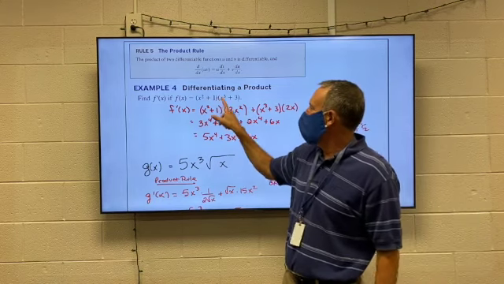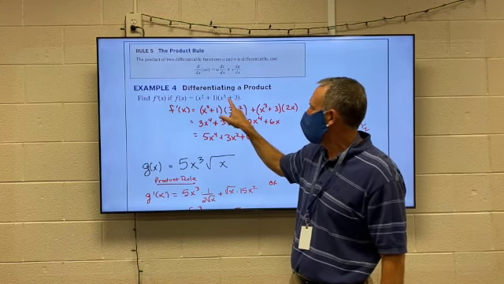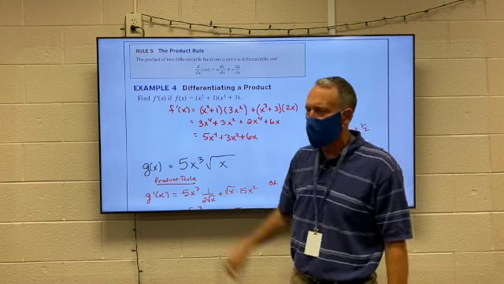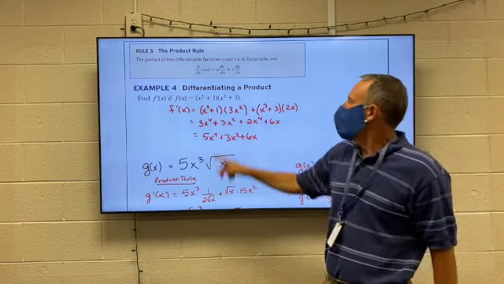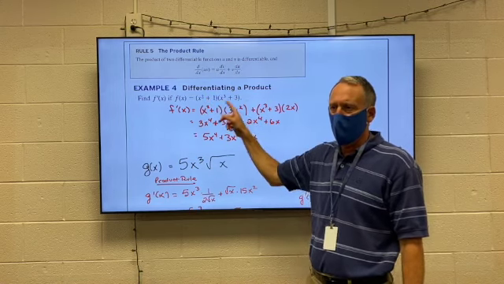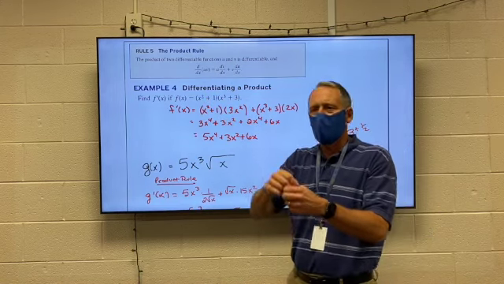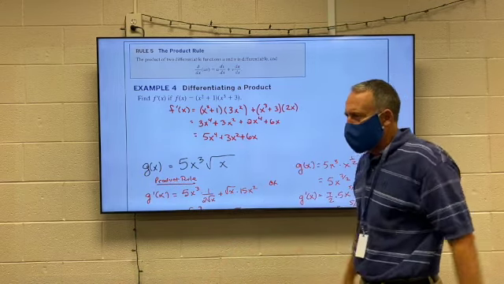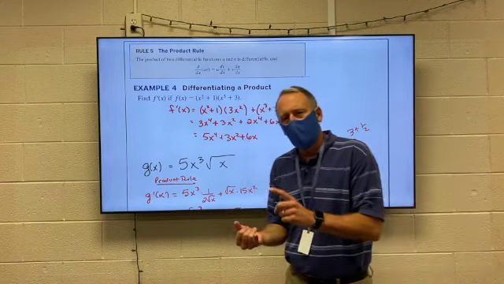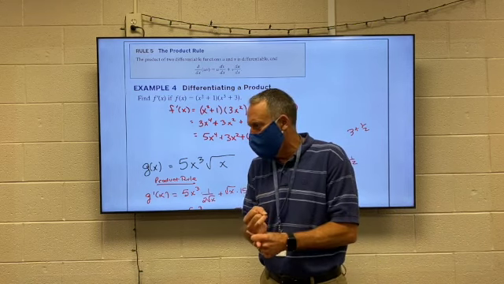So here is a function in which two different functions are multiplied together to make that function. If I want to take the derivative of that, yes, you could have multiplied all that out by FOILing, simplified it and then just done a polynomial. But we're trying to show you the product rule. And I can't put in functions that you don't know how to take the derivatives of yet.